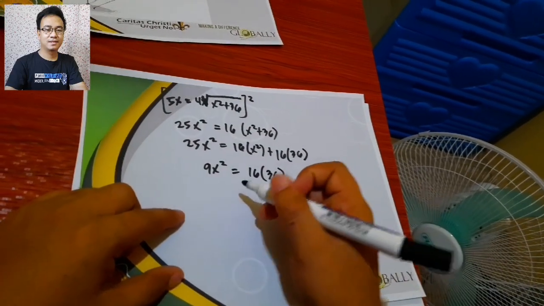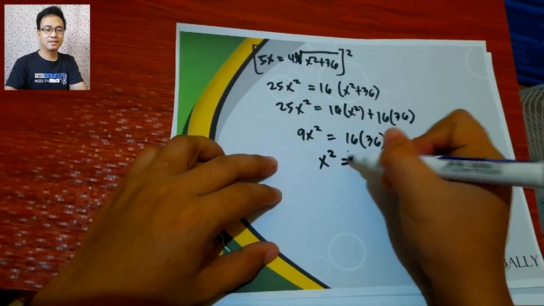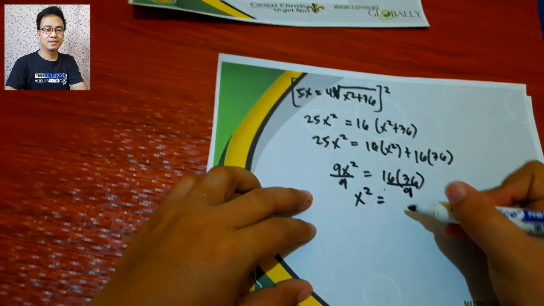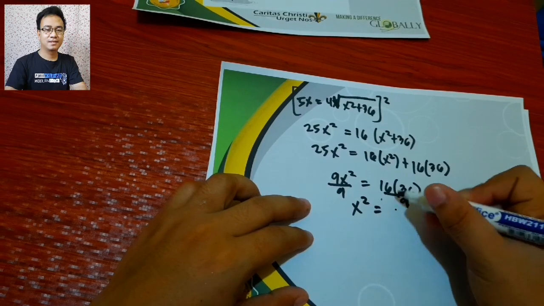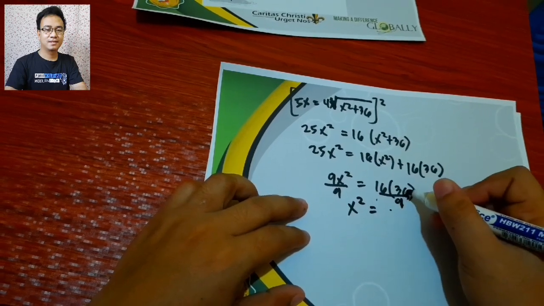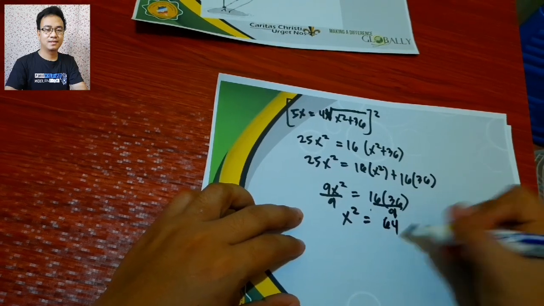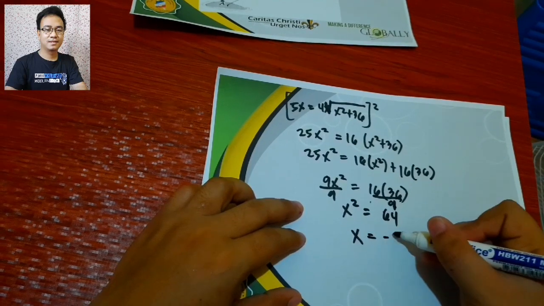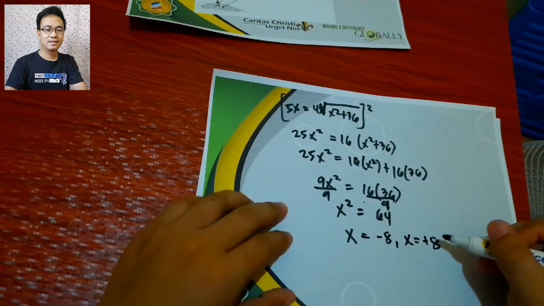And then, dividing both sides by 9 will leave us x squared equals 16 times 36 divided by 9, which is 4. So 4 times 16 is 64. This will give us x equals negative 8 and x equals positive 8.